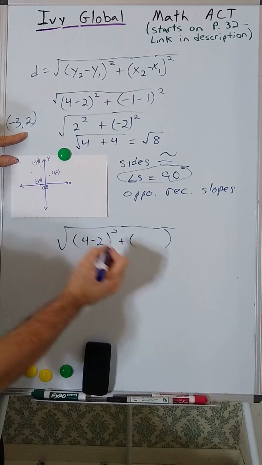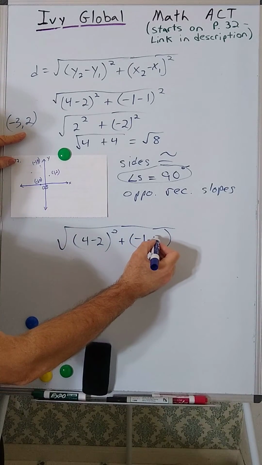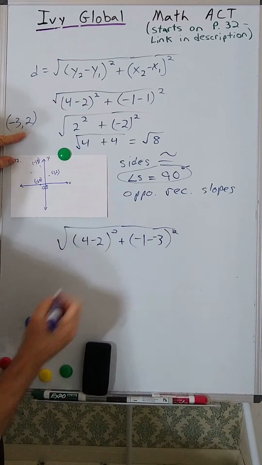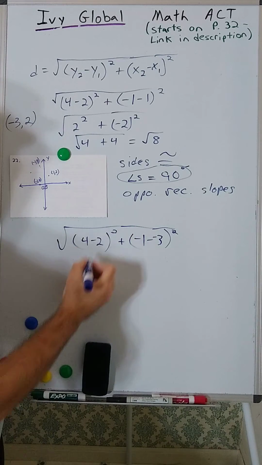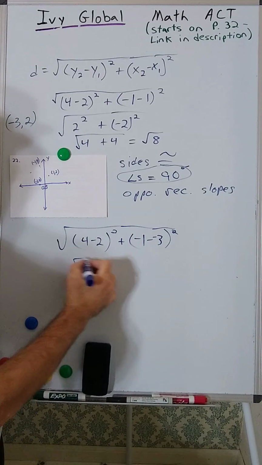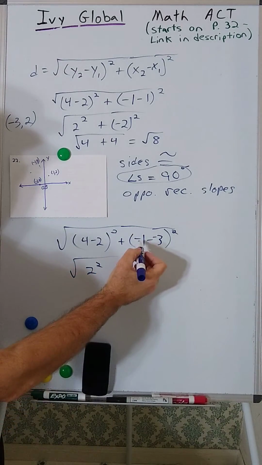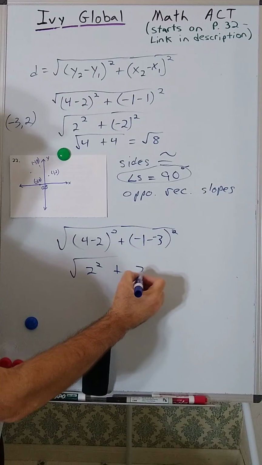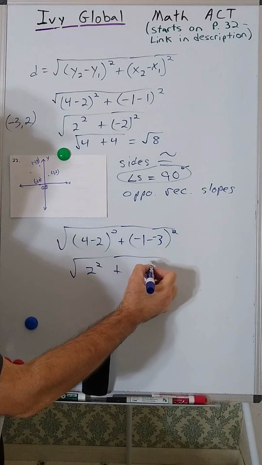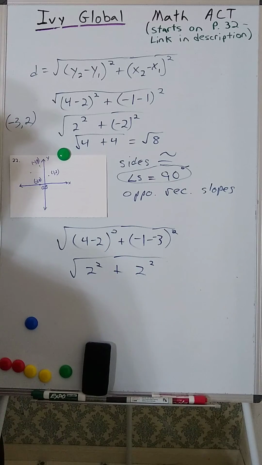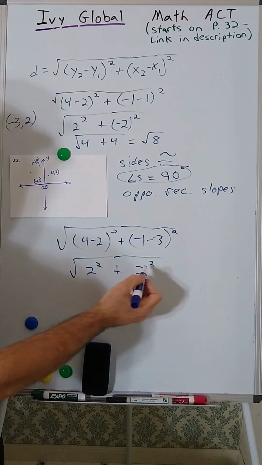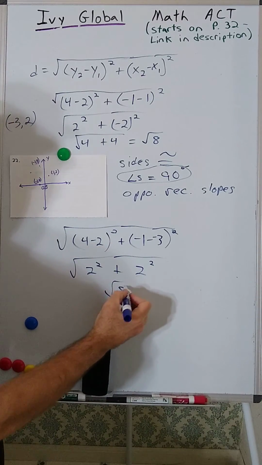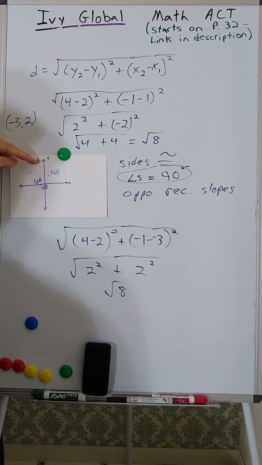Negative 1 minus negative 3, and square that. So here 4 minus 2 is 2. So we got 2 squared plus, that is also 2. And this is going to be 4 plus 4, square root of 8. So this side has the same measure as this side. They both measure square root of 8.